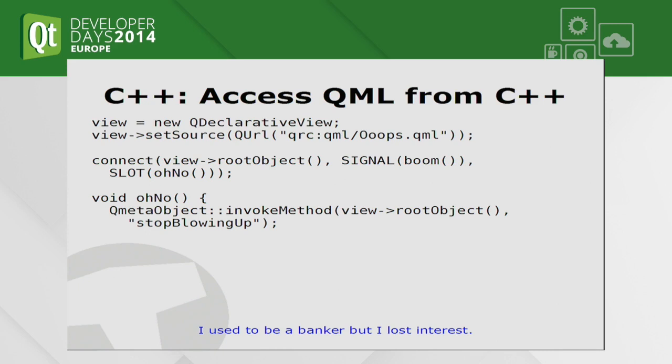Yeah? Maybe I'm wrong, but doesn't the documentation say you should rather use the QMetaObject invokeMethod macro or something and pass Q_ARGs? So the question is, doesn't the documentation say you should use invokeMethod with Q_ARGs? Yes, I don't have any Q_ARGs on this one, so I don't.